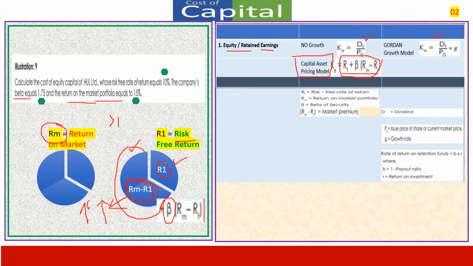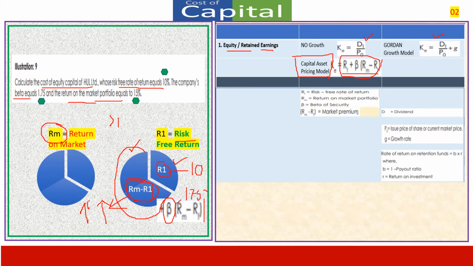In this problem, calculate the cost of equity capital of HUL Limited, where the risk-free return equals 10%, meaning R1 equals 10%. The company's beta is equal to 1.75.